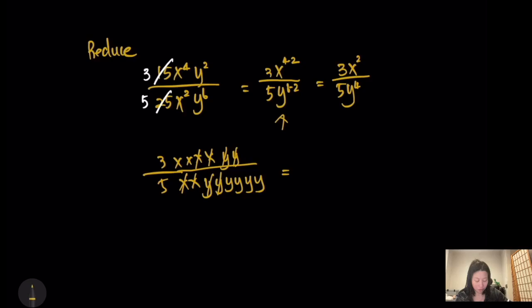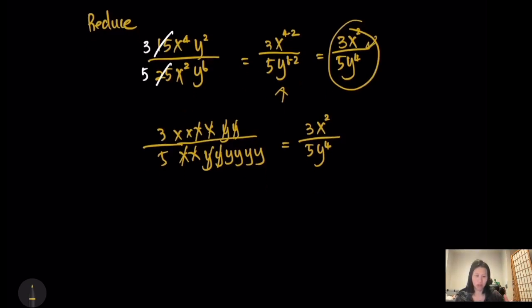So what's left is 2 x's on the top and 4 y's on the bottom. That also works. But since we already learned the function operation, we should know how to operate the negative exponents. So we should be able to reduce by simply subtracting the exponents.